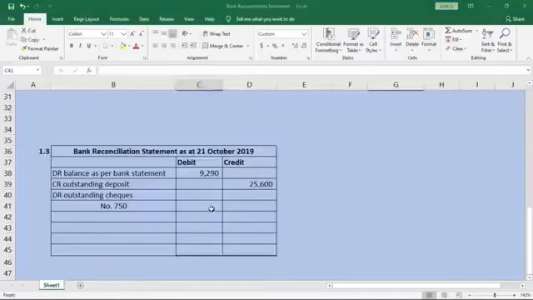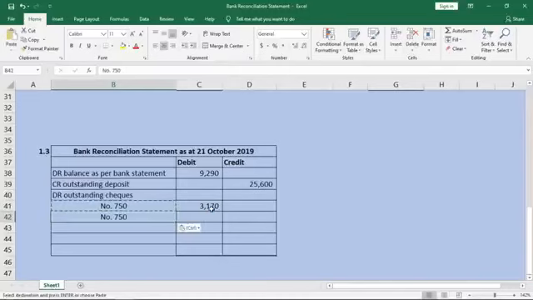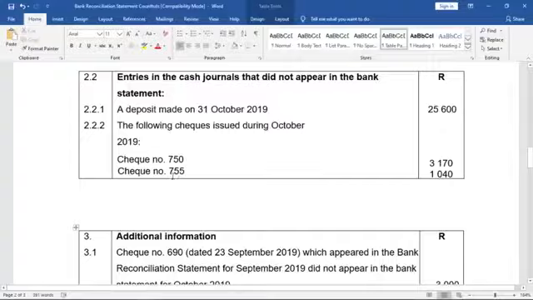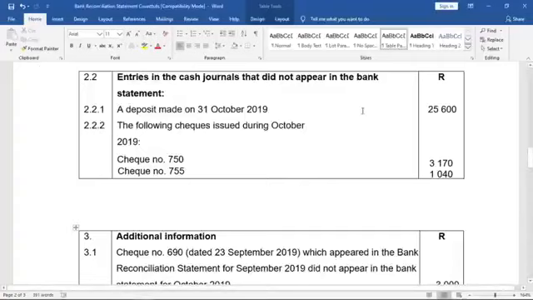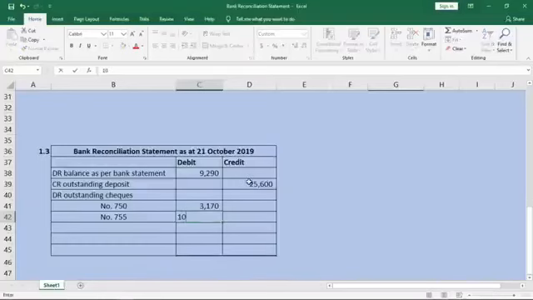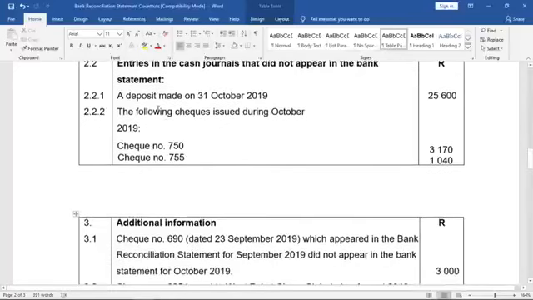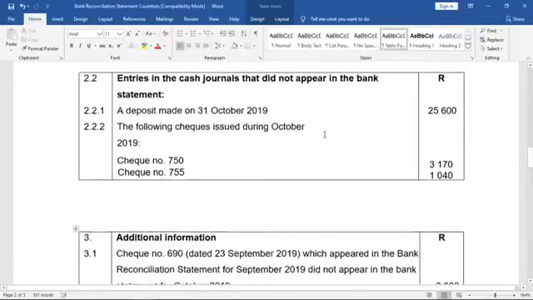So it's 3,170, and then write down check number 755. So check number 755, put in the amount there, 1,040. So 1,040.